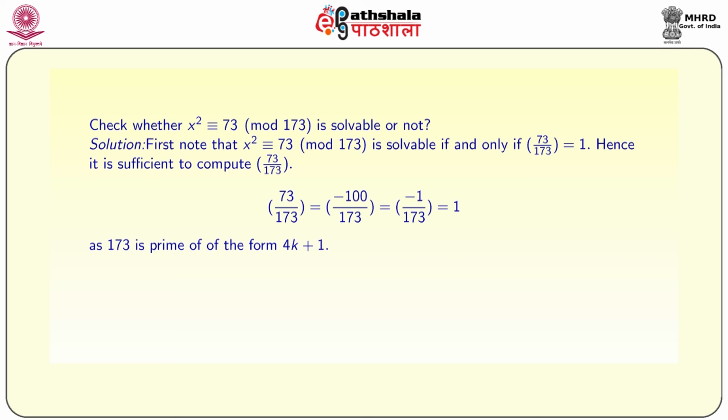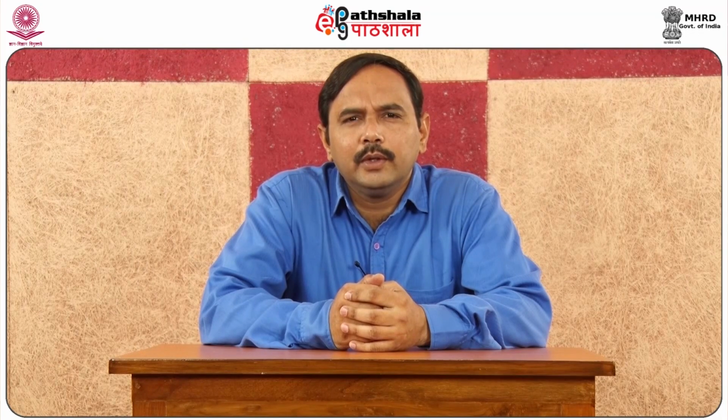So, we showed that (73/173) is the same as (−1/173), and 173 is of the form 4k plus 1, so x squared congruent to 73 mod 173 has a solution. As we showed, minus 1 is a quadratic residue modulo p if and only if p is of the form 4k plus 1, and we defined and showed various properties of the Legendre symbol in this module.